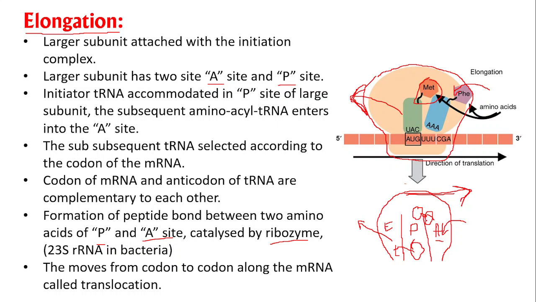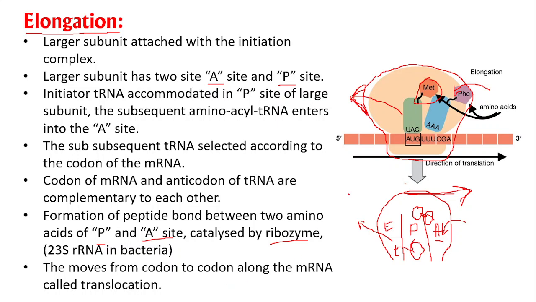Very important point: formation of the peptide bond will take place between what? Two amino acids, and where exactly will the bond be formed? Between the amino acids of the P region and A region. Next, the setup moves to the next codon along the mRNA.